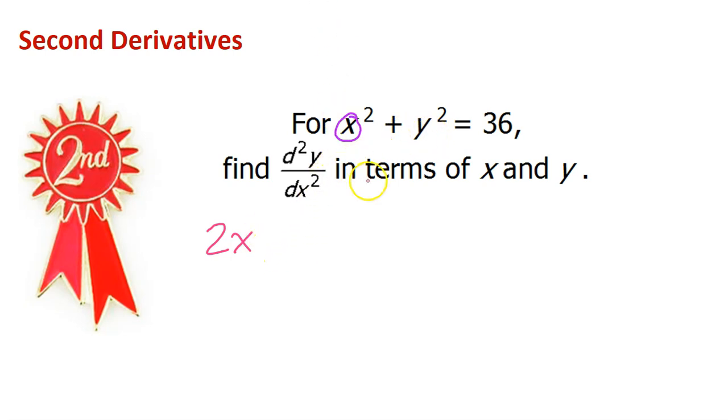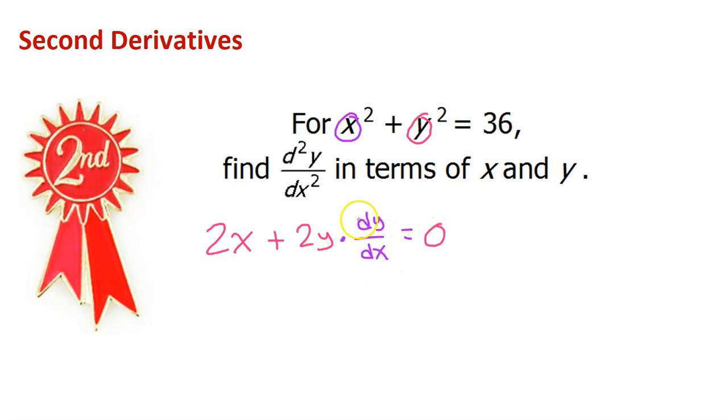And then we move on to the next term. The derivative of the outer function is 2y. The inner function is the y. So we need to multiply by the derivative of that inner function with respect to x, so dy dx. The derivative of a constant is 0.